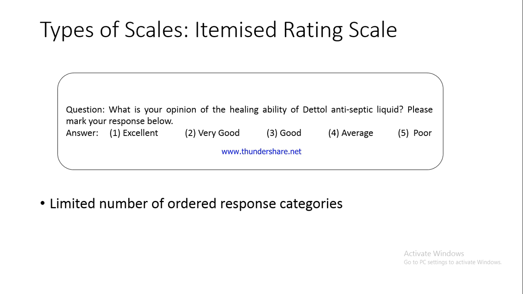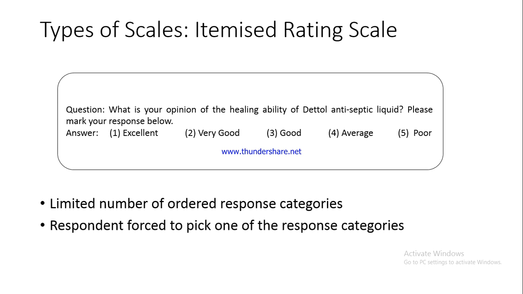You can also start with poor, first is poor and then average and good and very good and excellent, but you cannot place these response categories randomly. They will have to follow a particular order. So this is what we mean by ordered response categories.